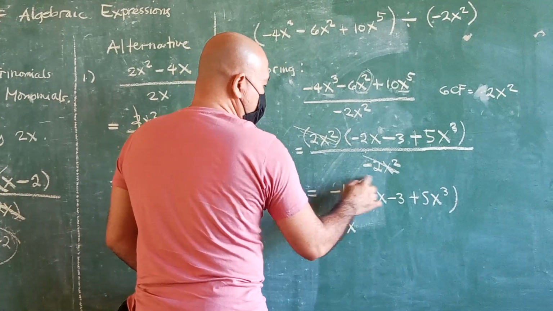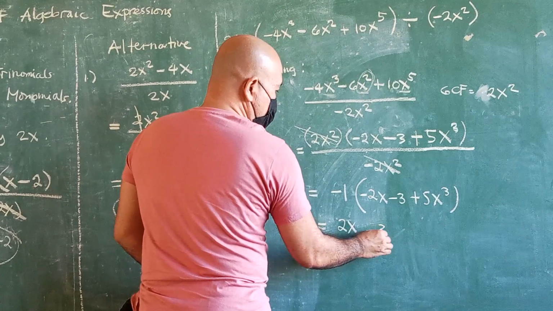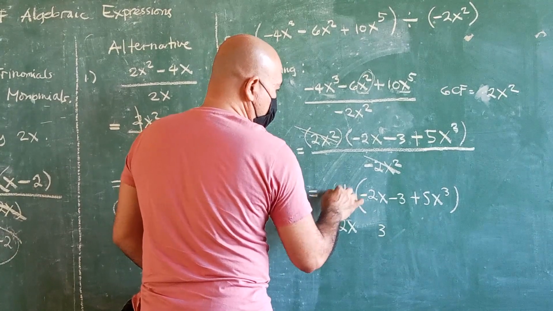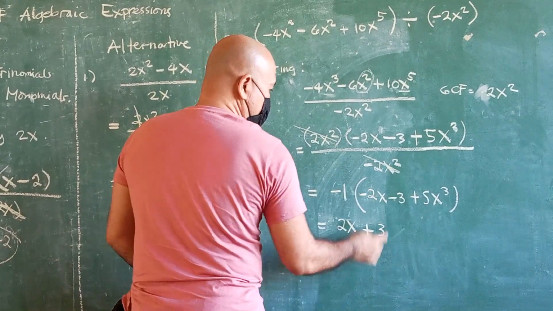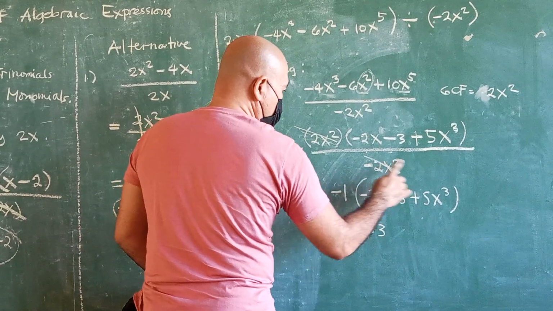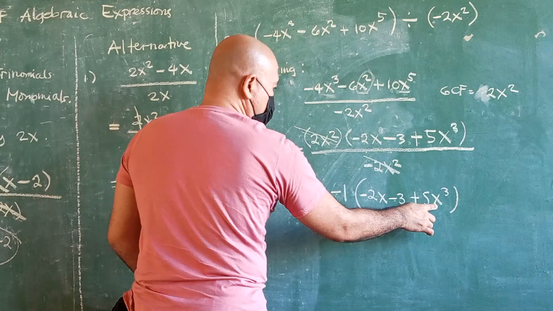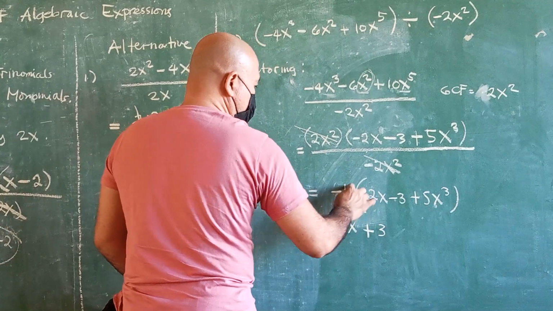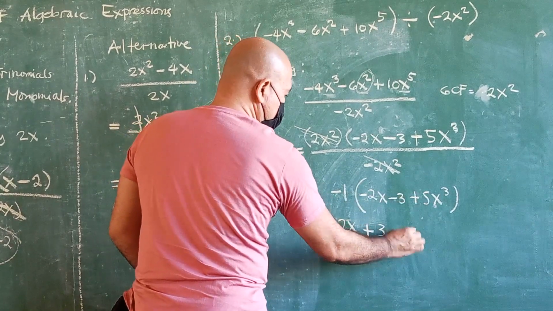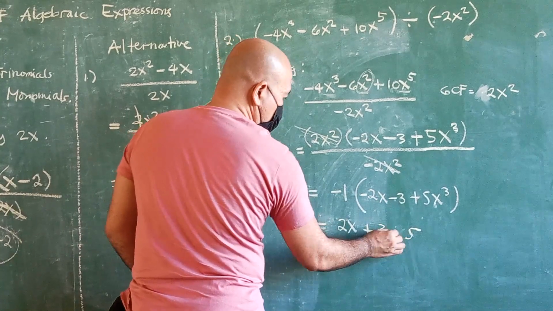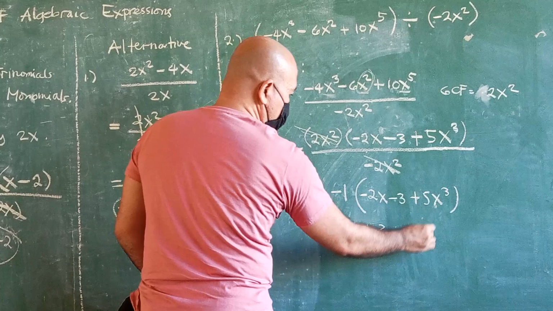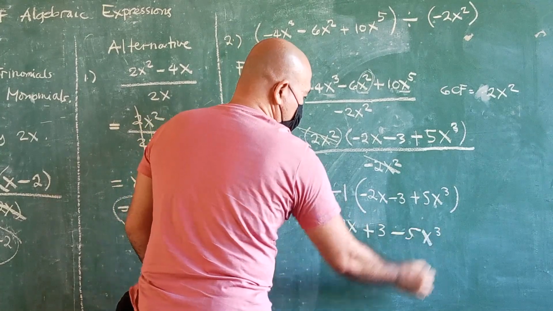And negative 1 times negative 3 is 3, and multiplying negative and minus becomes plus. And multiplying negative 1 to the third term, 1 times 5 is 5, and negative times plus is automatically minus, and then bring down x cubed.